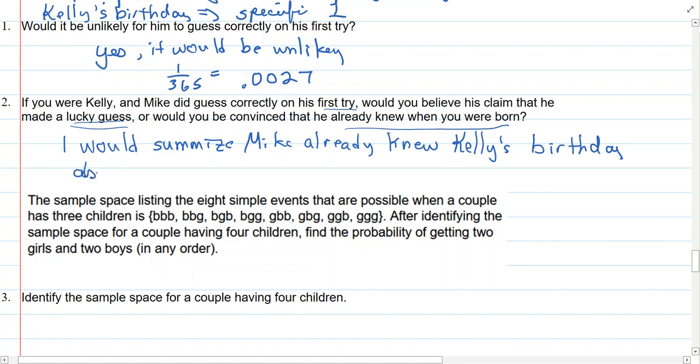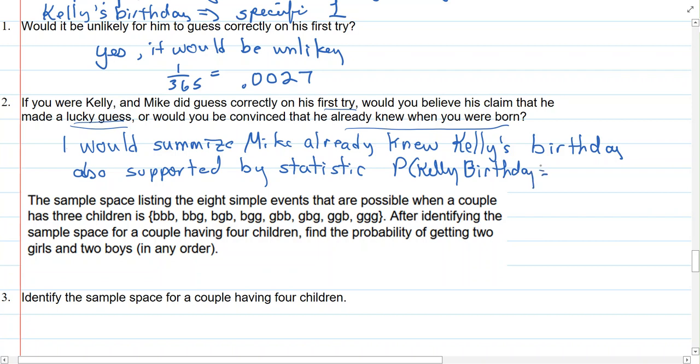Also supported by the statistic: the probability of guessing Kelly's birthday was 0.0027, very low.